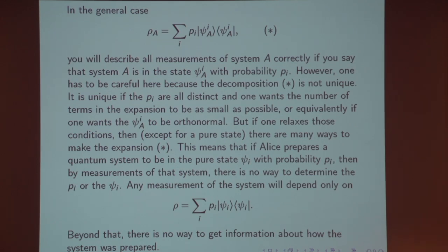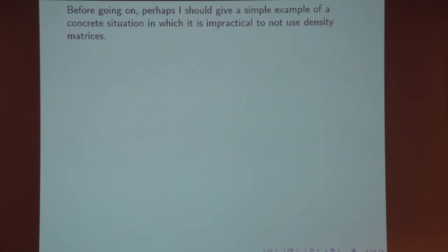Well, for purifications, you need the dimension of B to be larger than A. Yeah. For purification, as Juan says, B has a dimension at least as large as A. Assuming the density matrix was invertible. Any other questions?